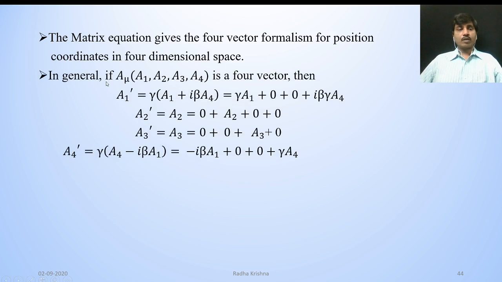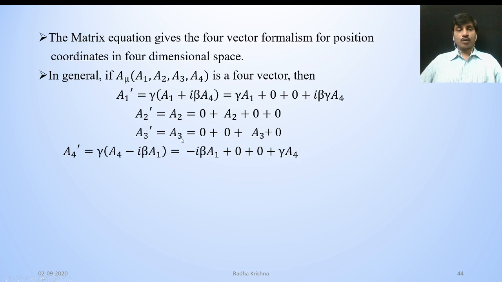In general, if A mu, which has components A1, A2, A3, A4, is a 4 vector, then the components of the 4 vector A mu can be expressed as A1 dash is equal to gamma into A1 plus i beta A4, that is equal to gamma A1 plus 0 plus 0 plus i beta gamma A4. A2 dash is equal to A2, that is equal to 0 plus A2 plus 0 plus 0.